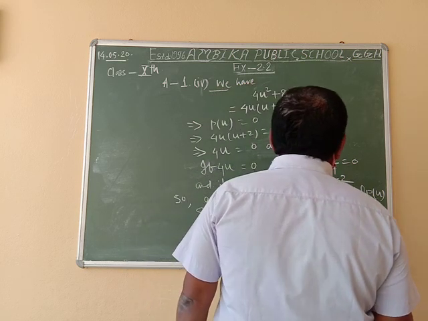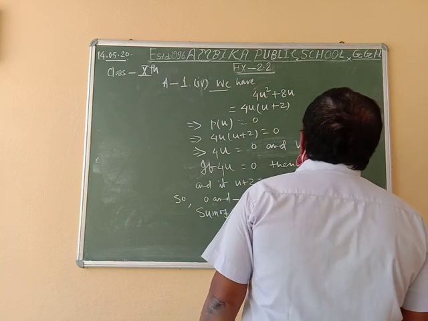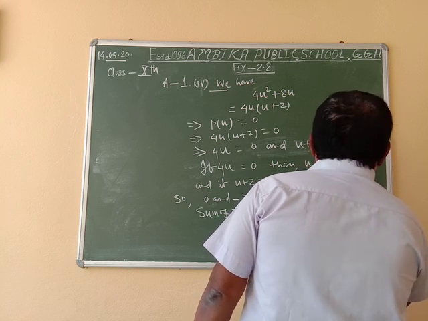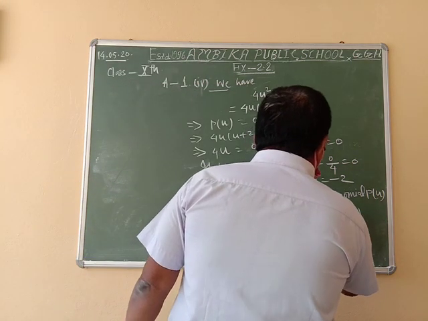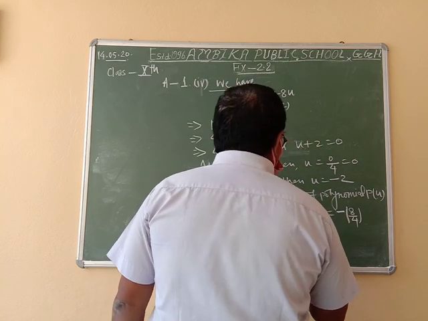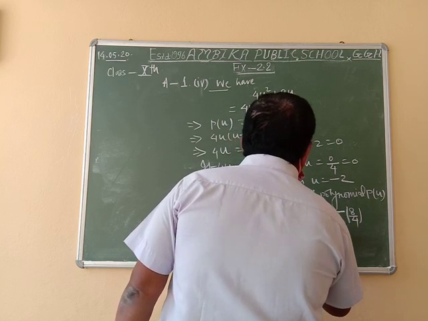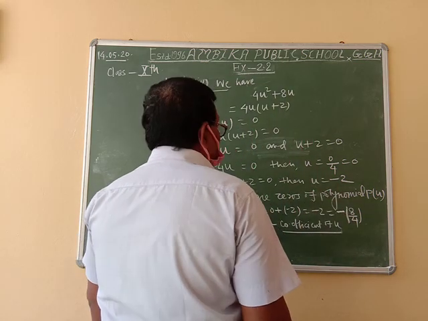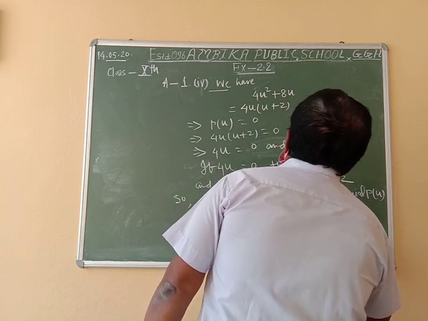We can write minus 2 as minus 8 by 4, which is equal to minus coefficient of u by coefficient of u square, where 4 is the coefficient of u square.